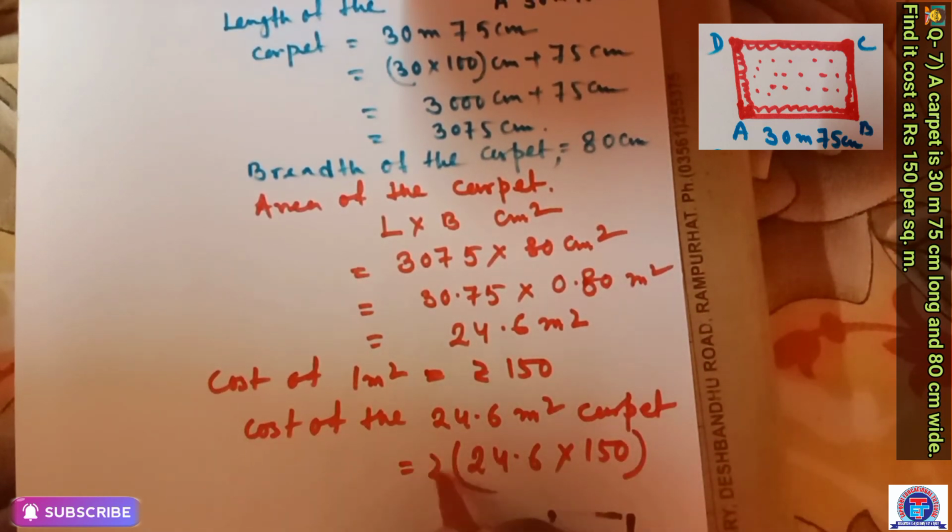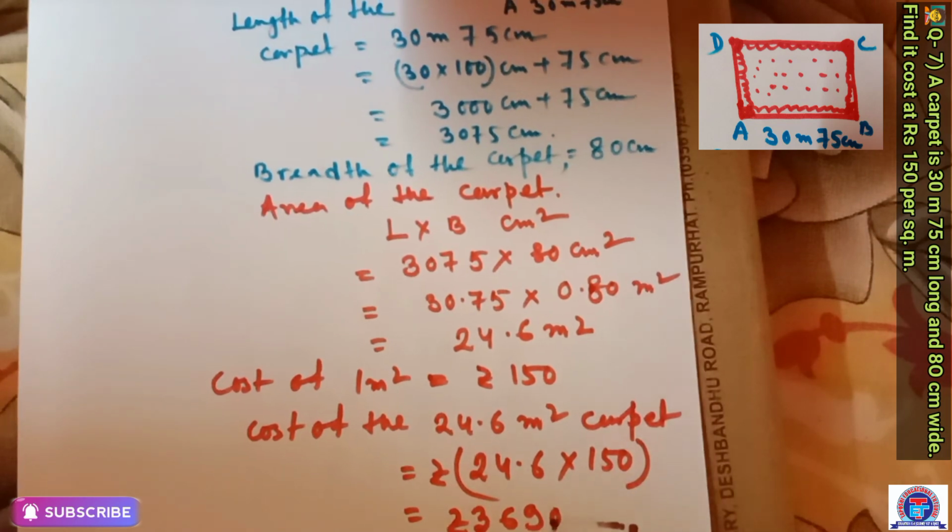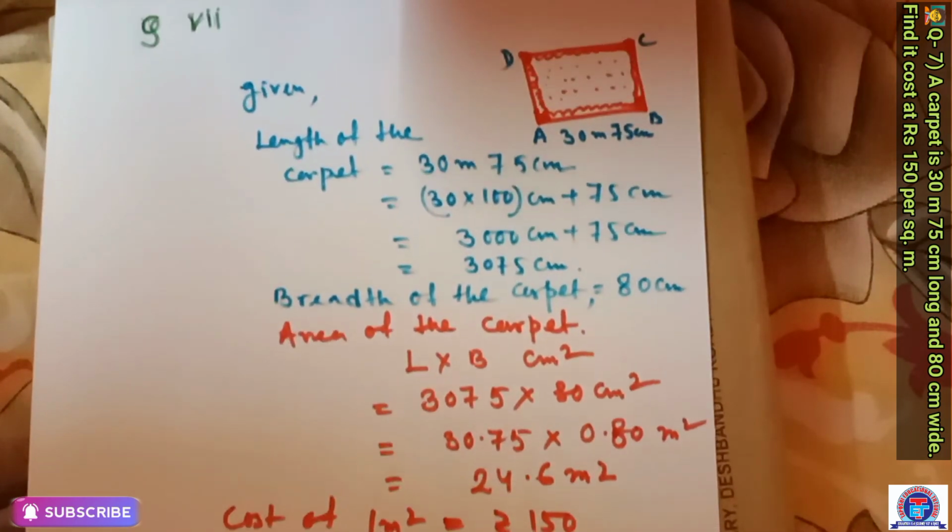This one 24.6 into 150, that is the amount, right? So if you multiply properly, then it will become 3690 rupees, correct? So I hope student you understood this mathematic problem very clearly.